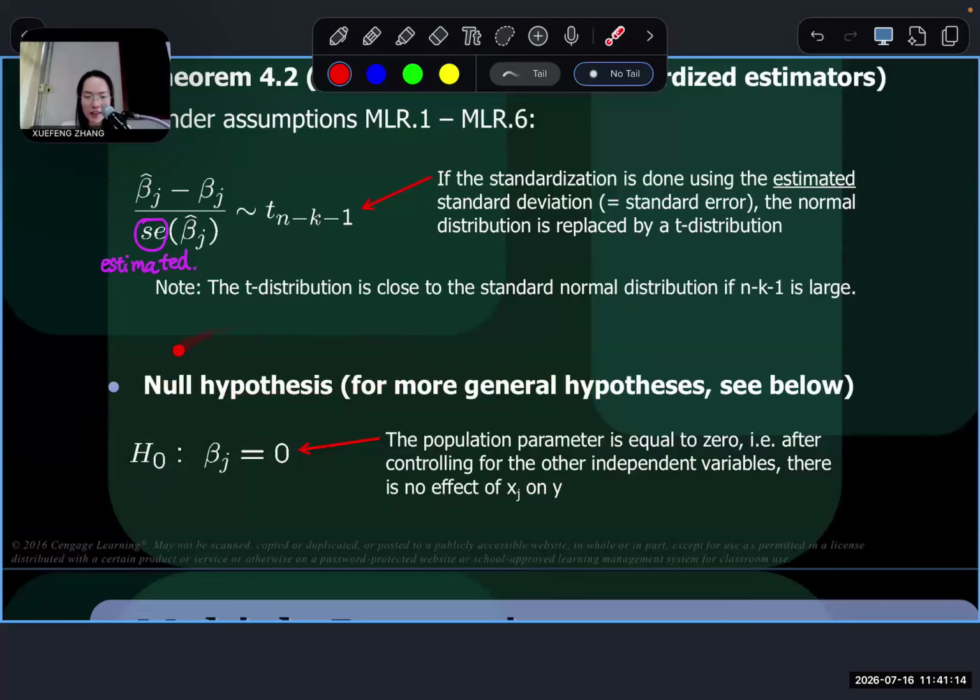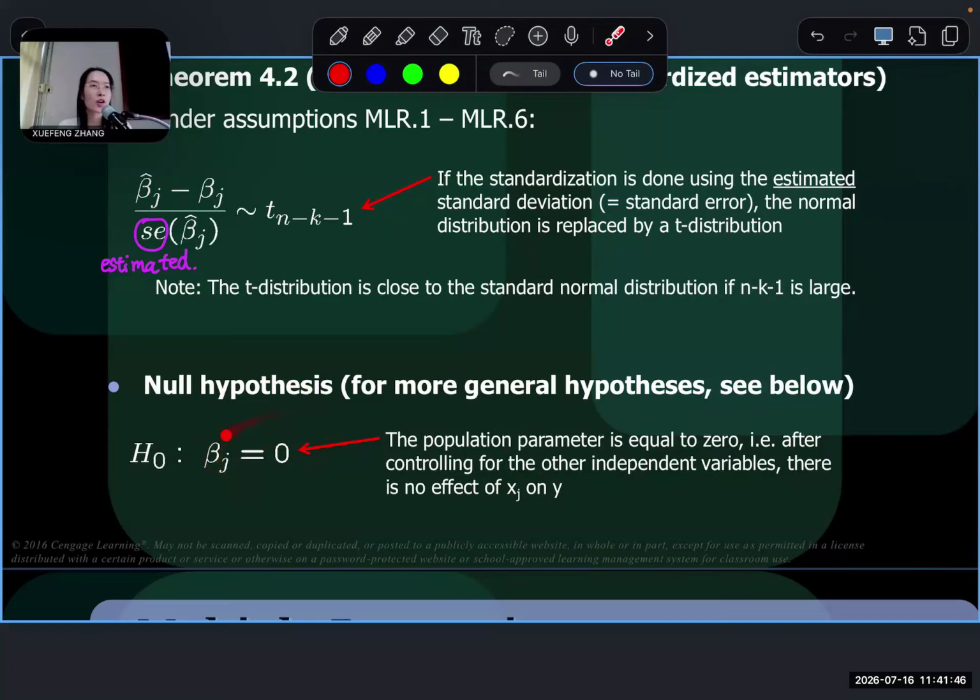Now, hypothesis testing. The most common null hypothesis, H0, means null hypothesis, because we want to test: is beta j different from 0? Okay. What does this mean economically? It says that, holding other x fixed, xj has no effect on y, right?